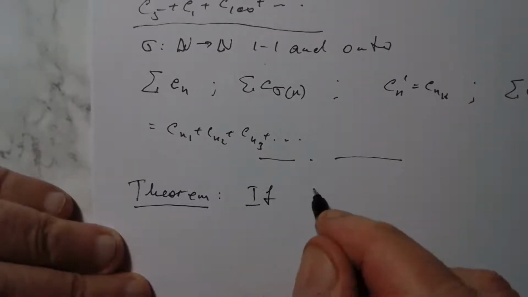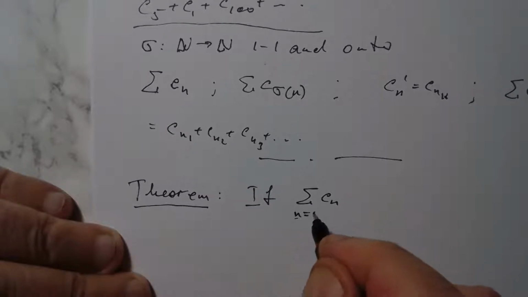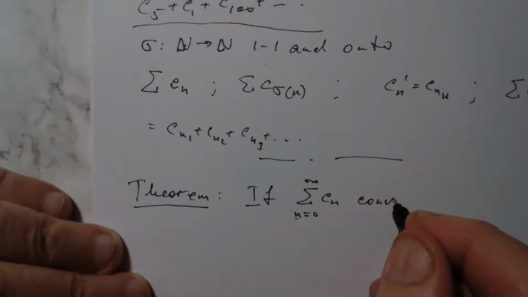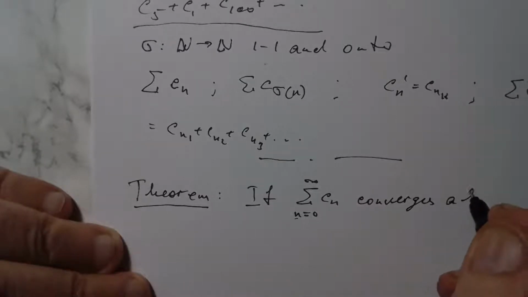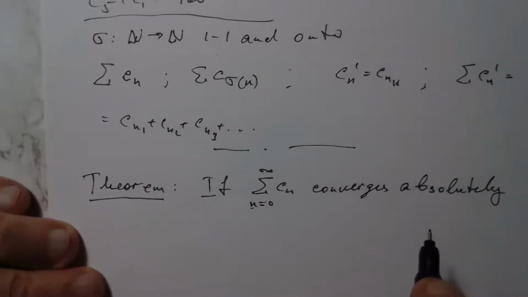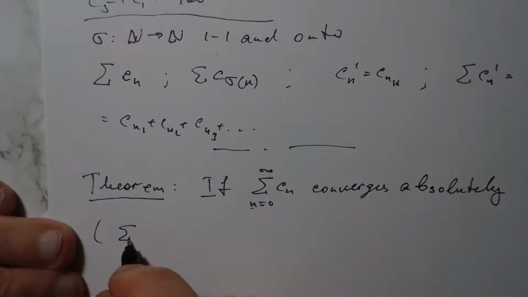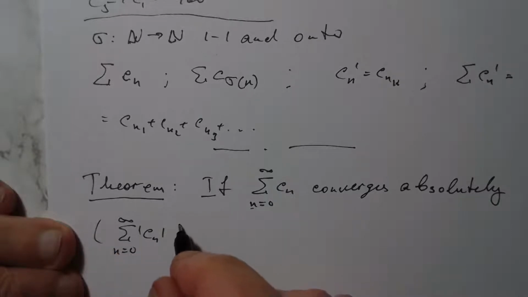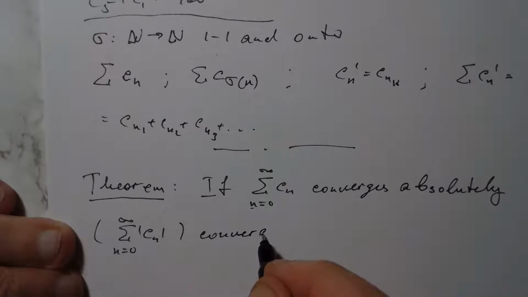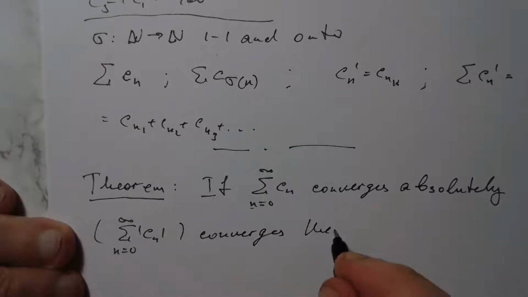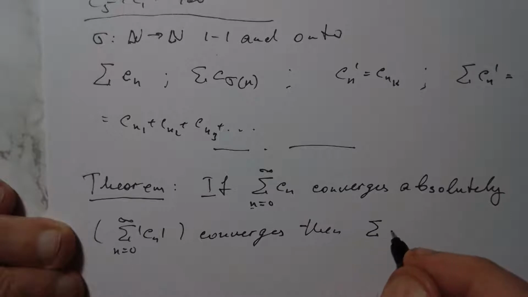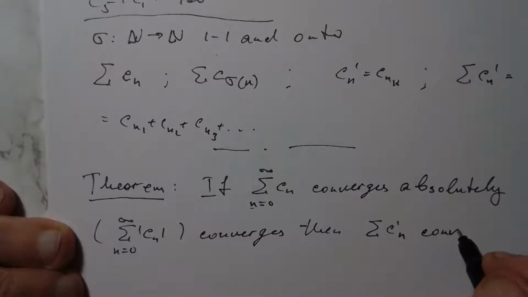If the series sum of Cn from 0 to infinity converges absolutely, once again, this means the series sum of absolute value of Cn from 0 to infinity converges, then the series C prime of n, so this is this permutation, guys, also converges and to the same number.